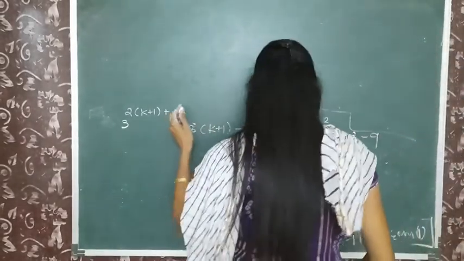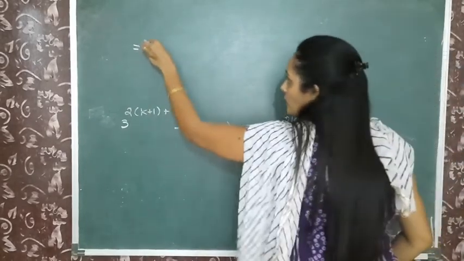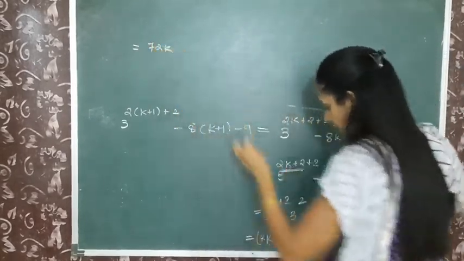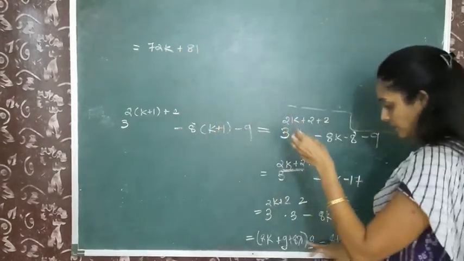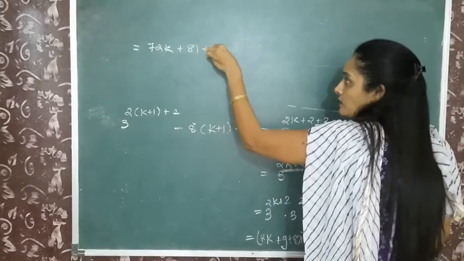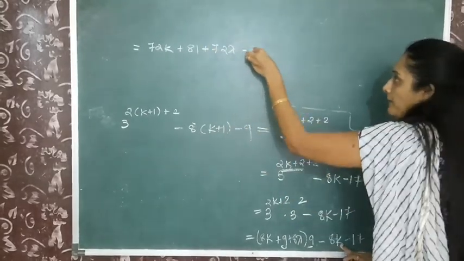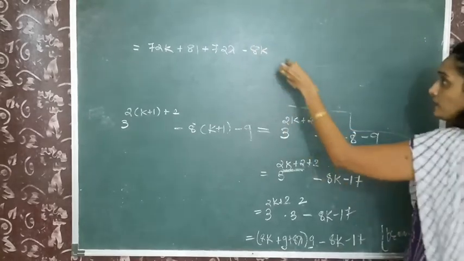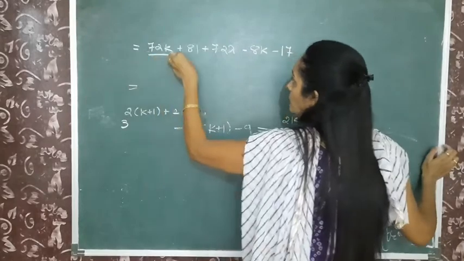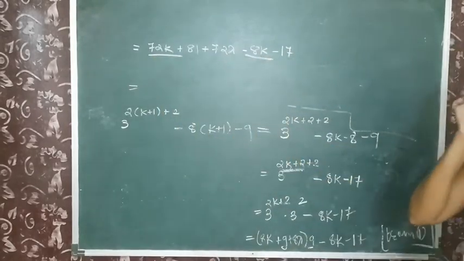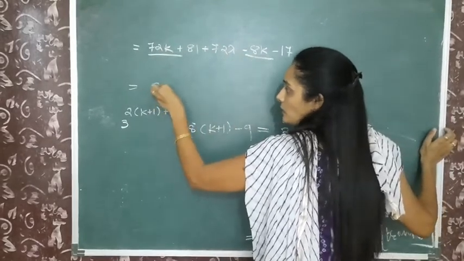So 8k into 9, so 72k. 9 into 9, so 81, plus 8 into 9, 72 lambda, minus 8k minus 7k. Okay, now 72k minus 8k, these two terms are like terms, so 72 minus 8, so 64k.